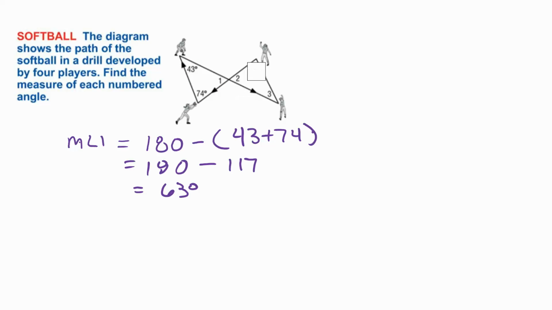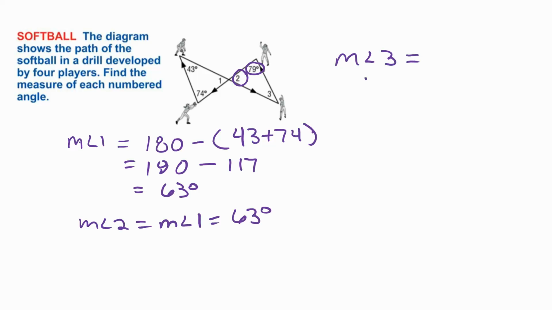I know that angle 1 and angle 2 are related. Angle 1 and angle 2 are vertical angles, so the measure of angle 2 equals the measure of angle 1, which is 63 degrees. To find the measure of angle 3, I'm going to sum the other two angles together and subtract them from 180.